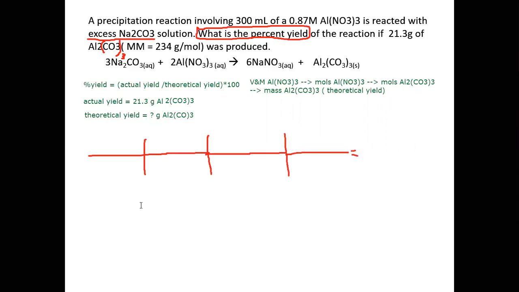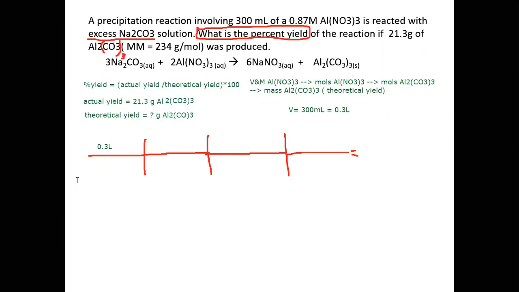So we start with the volume of aluminum nitrate. Again, the volume has to be converted into liters. So we know that we have a 0.87 molar solution of aluminum nitrate.